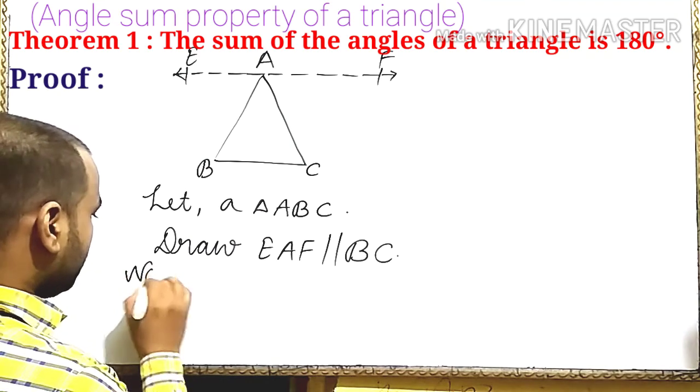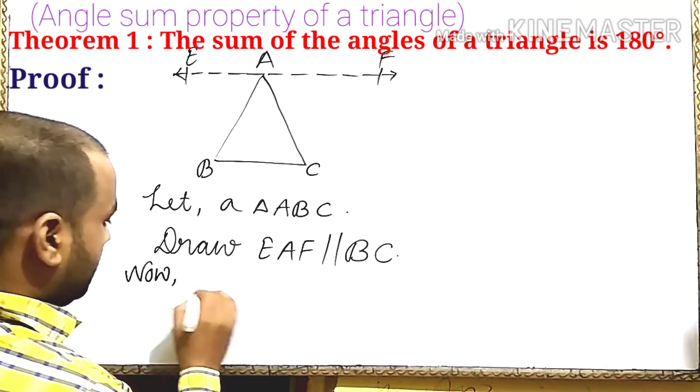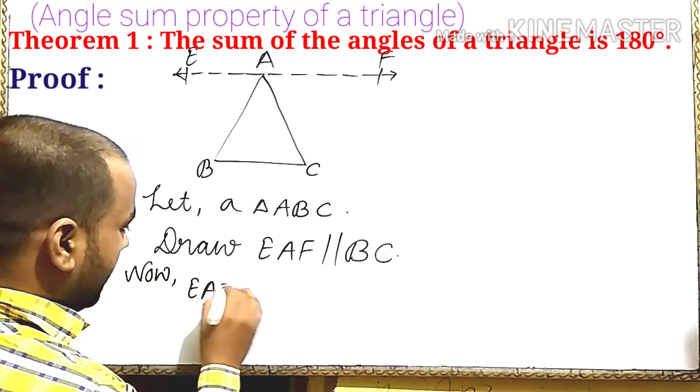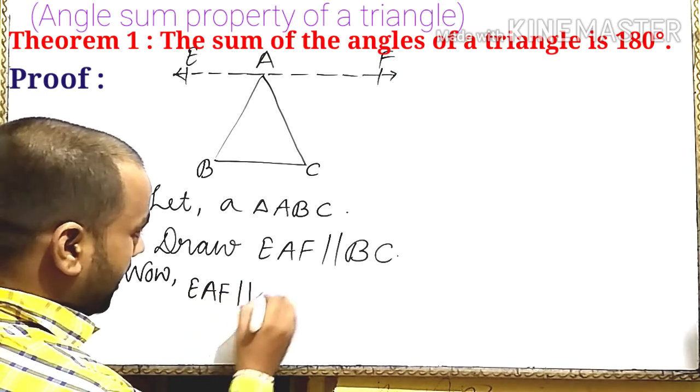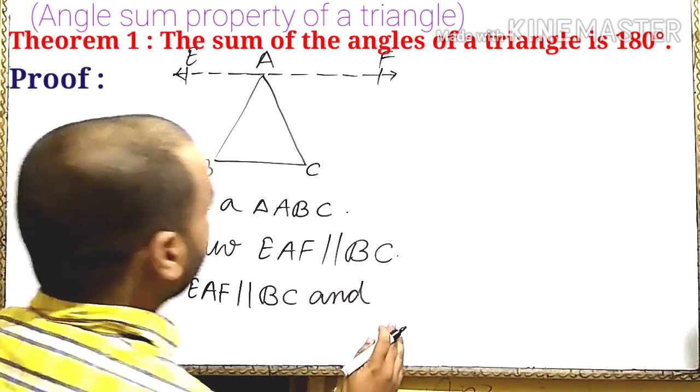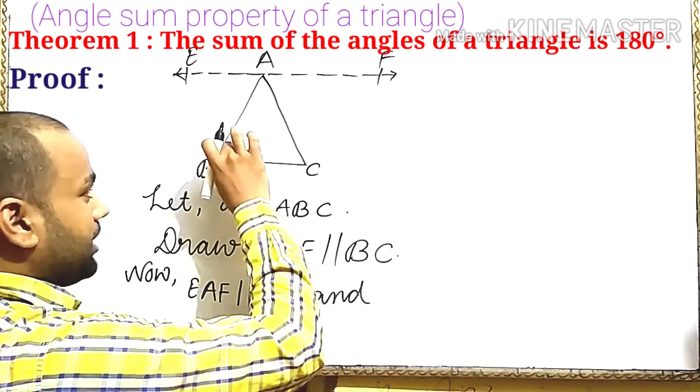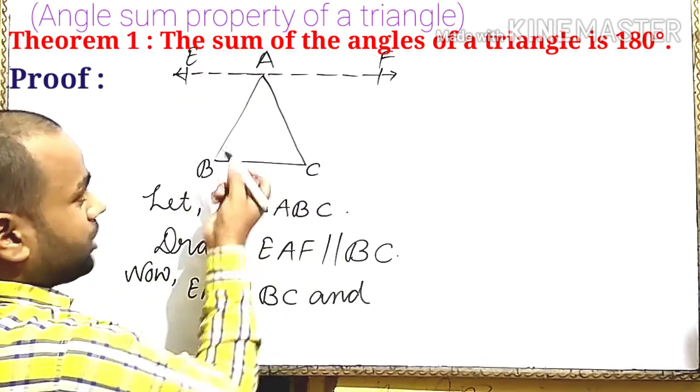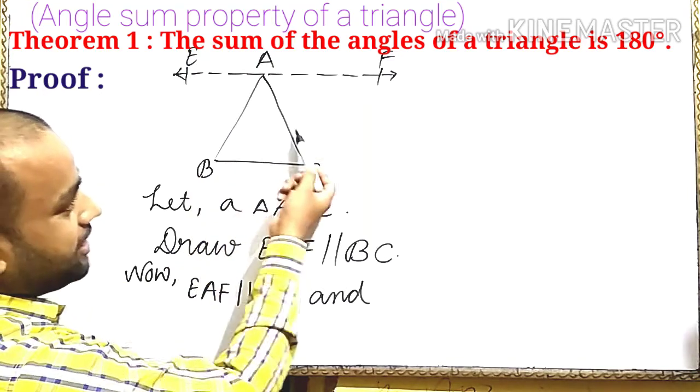Now, EAF is parallel to BC, and in both lines BC and EAF there are two transversal lines, AB and AC.